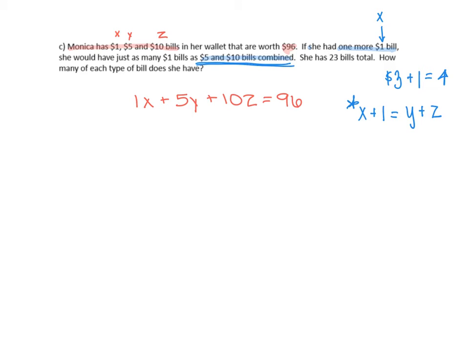Again, I really want X, Y, and Z all on the same side, so I need to move this X. It's a positive X, so if I want to move it, I'm going to subtract X from both sides. These are going to cancel, so I have 1 equals negative X plus Y plus Z. And now I can write it under this other equation, and it's going to line up really nicely.